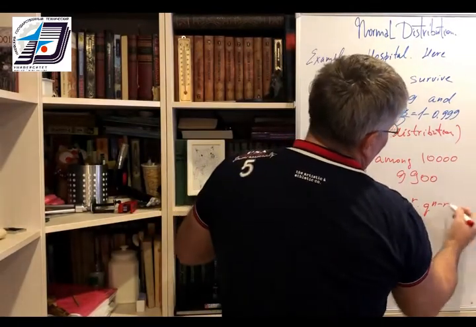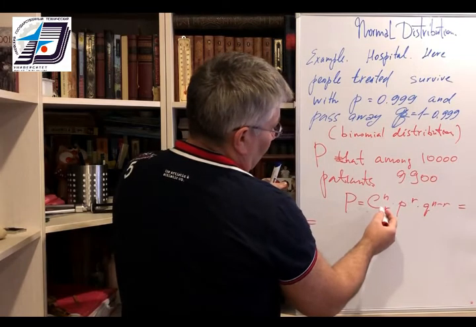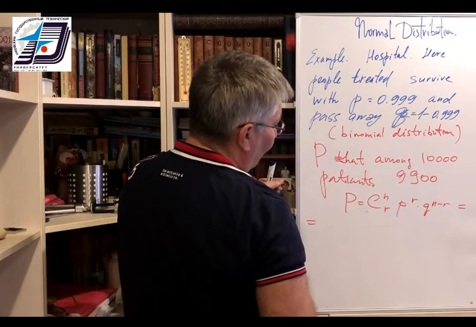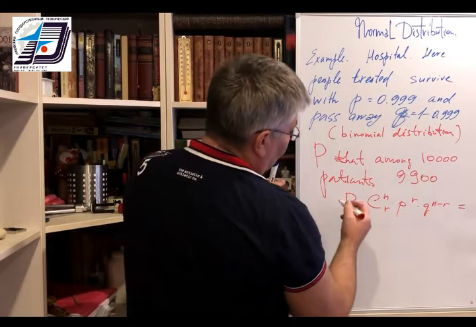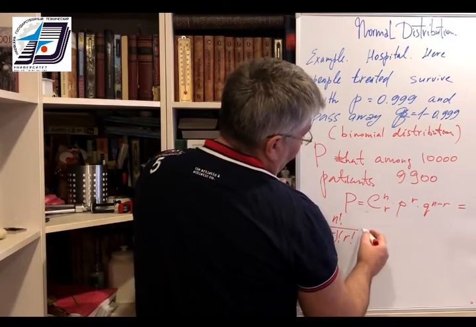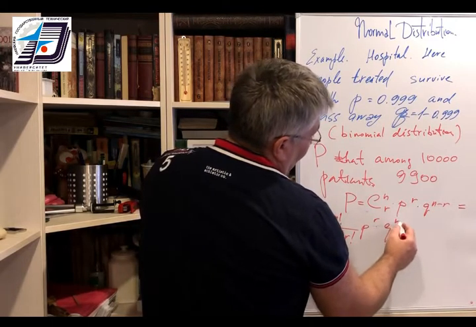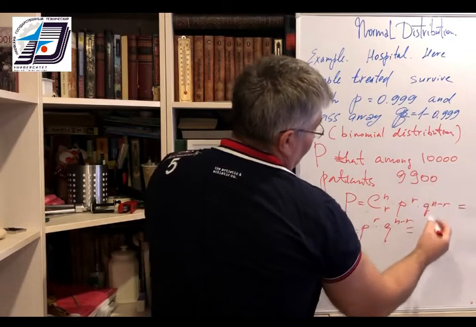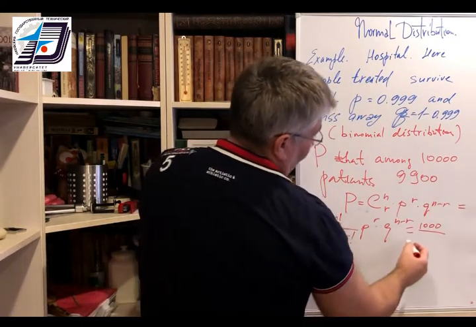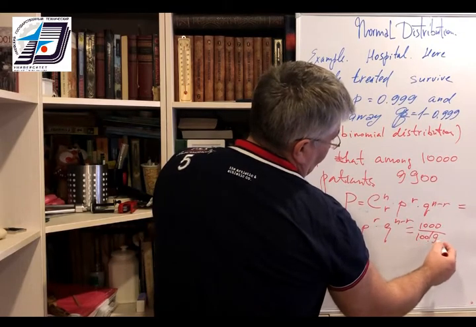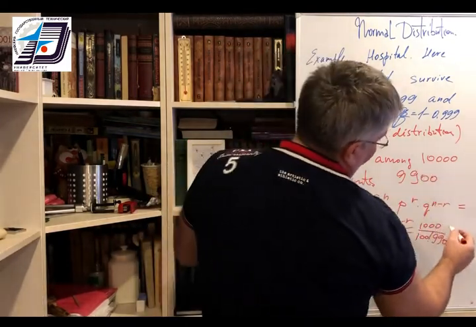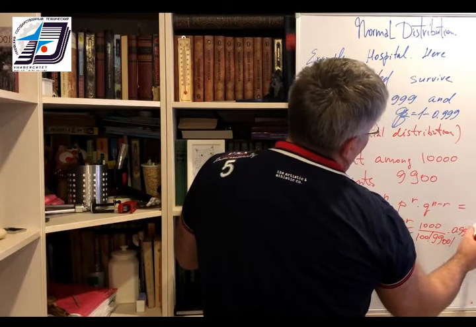If I put all of these numbers into this formula, C n choose r can be expanded: n factorial over n minus r factorial times r factorial, times p raised to power r, q raised to power n minus r.